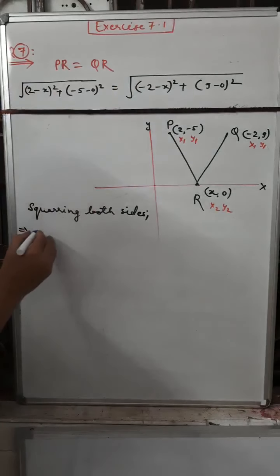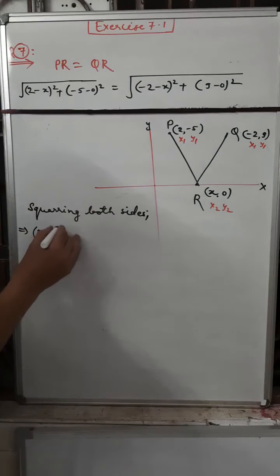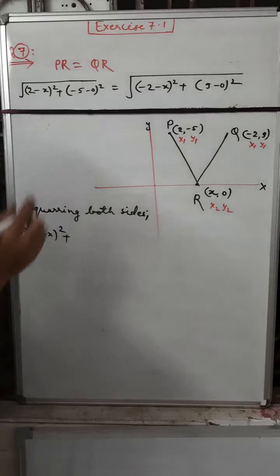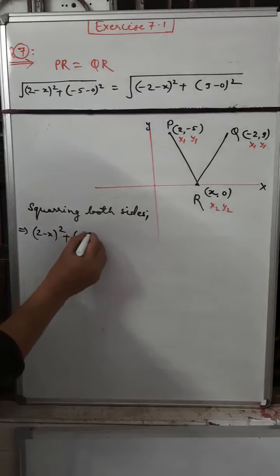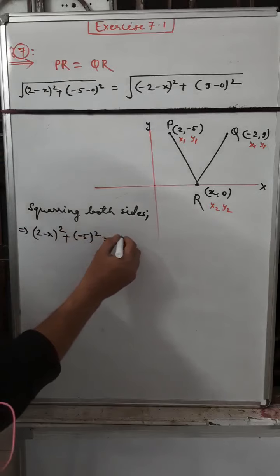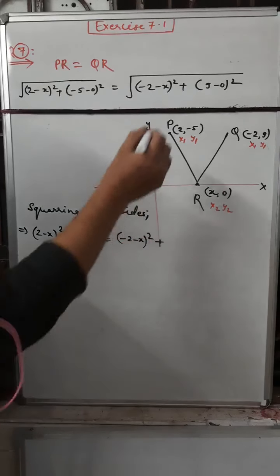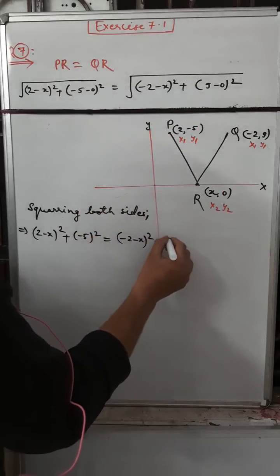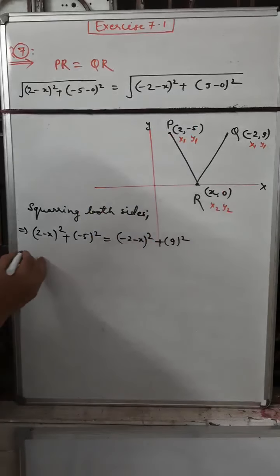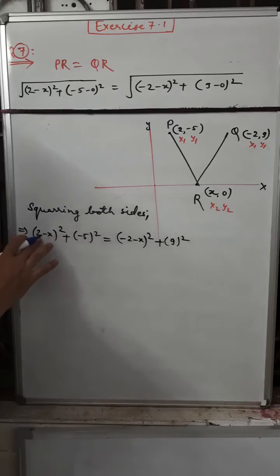So we will get 2 minus x whole square plus minus 5 whole square is equal to minus 2 minus x whole square plus 9 whole square. Now calculate using the a minus b whole square formula: a minus b whole square means a square plus b square minus 2ab.